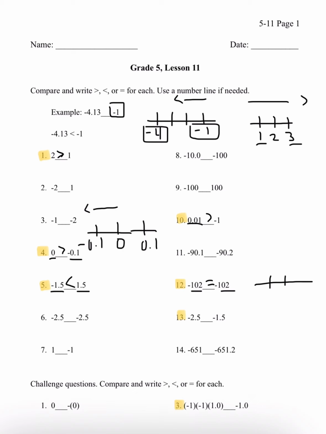If we put this on the number line, there's negative 1.5, negative 2.5, and so on. So I told you the value gets smaller, and negative 1.5 is in front of negative 2.5, so that means negative 1.5 is greater. So negative 2.5 is less than negative 1.5.